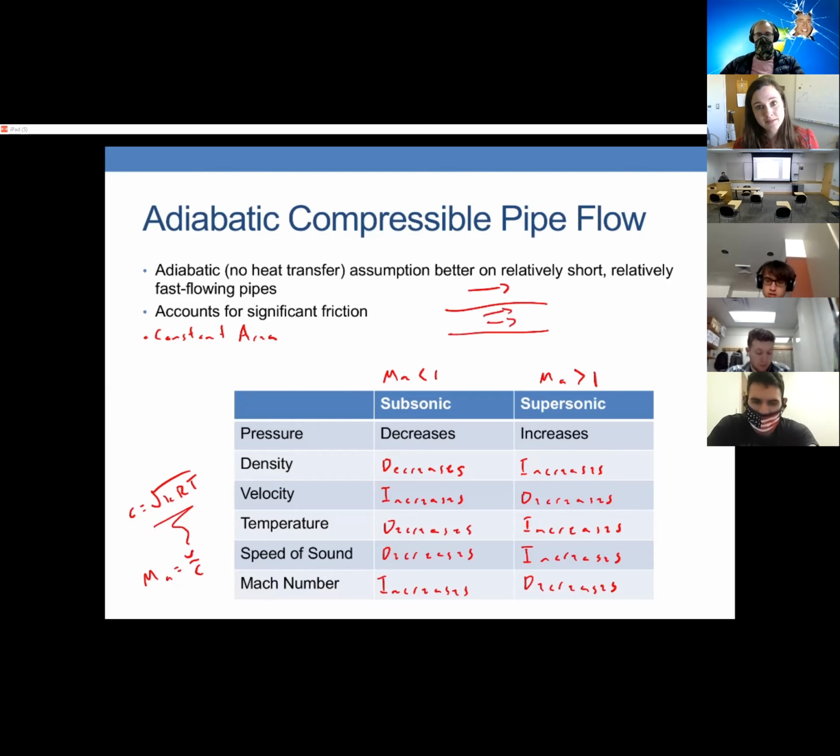I just want to clarify what we just talked about. So in supersonic flow, there's not necessarily head loss. As the flow increases, the pressure increases. There's not a pressure drop as you flow for supersonic. Yep, and so energy has to be being lost when we just look at the fluid.